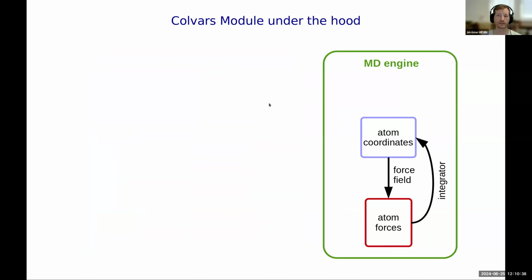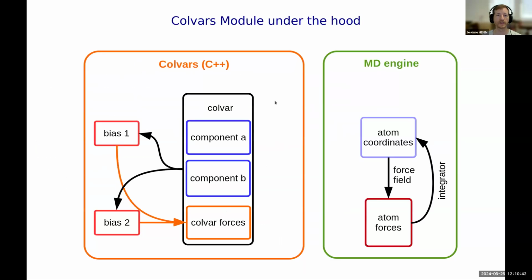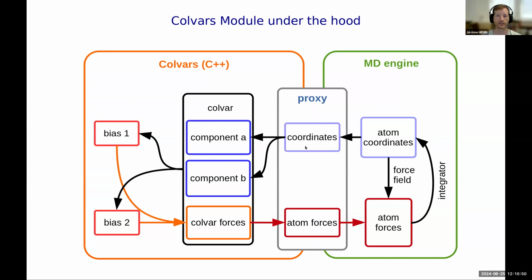One thing I forgot to say is that Colvars lives so far on the CPU only. So the data, like these coordinates, have to be copied to the CPU, the main memory, and the computation is done on the CPU. That can have an impact on performance.